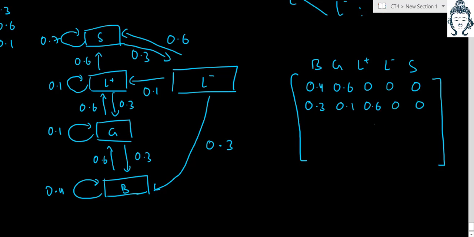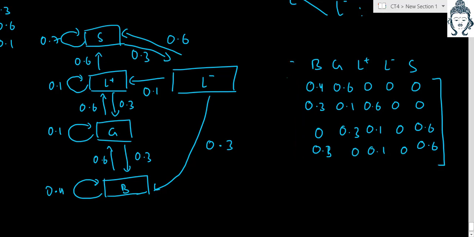If I am at L plus, I can increase with a probability of 0.6, I can maintain with a probability of 0.1, and fall down 1 level only with a probability of 0.3, right. If I am at L minus, that means I can go up 0.6, I can fall down 2 levels, that is 0.3, and I can go to L plus, that is maintain, with a probability of 0.1, and the other 2 are 0.